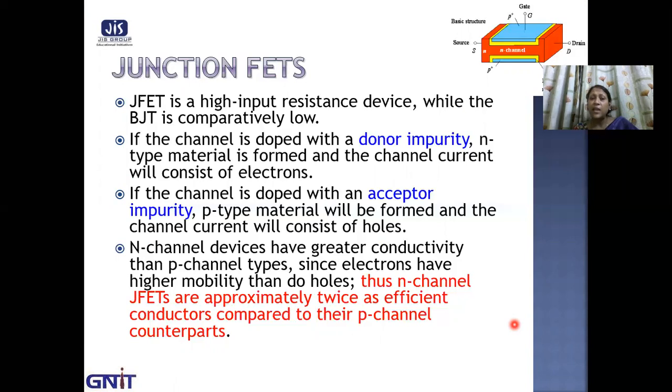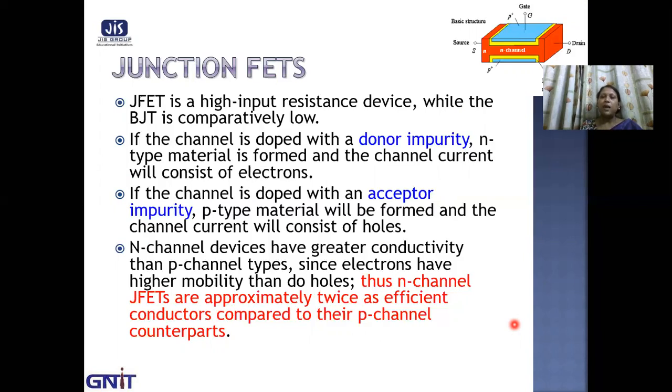If the channel is doped with a donor impurity, N-type material is formed, and the channel current will consist of electrons only. There is no concept of minority charge carriers like in BJT. And if the channel is doped with an acceptor impurity, P-type material will be formed, and the channel current will consist of holes.